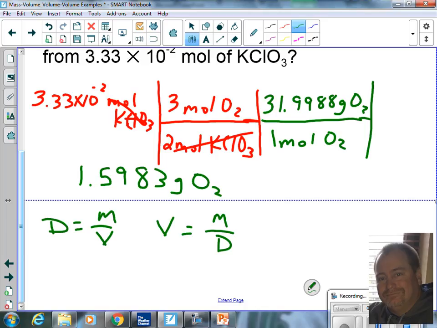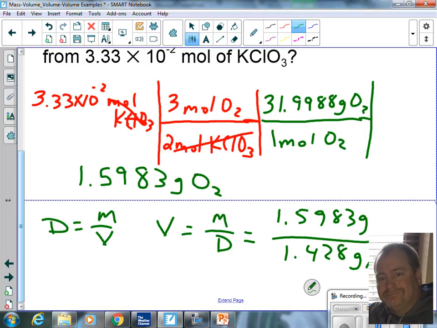I just calculated the mass of oxygen, 1.5983 grams. What was the density I was given in the problem? 1.428 grams per liter. So if I take that 1.5983 and I divide it by 1.428, it gives me a value when I put 4 sig figs on it.